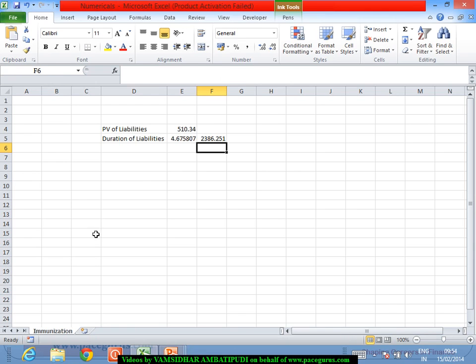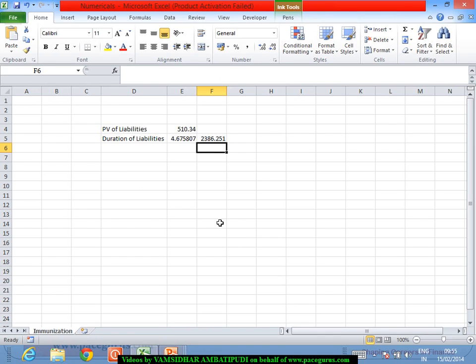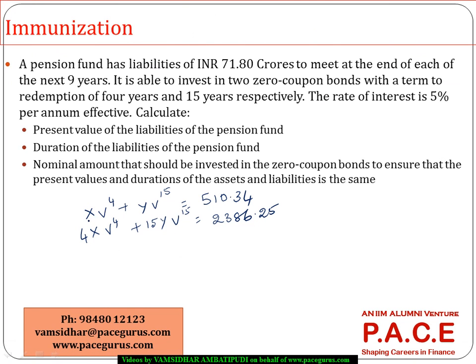The other equation we have is 4x v^4 plus 15y v^15 is equal to 2386.25. These are the two equations.